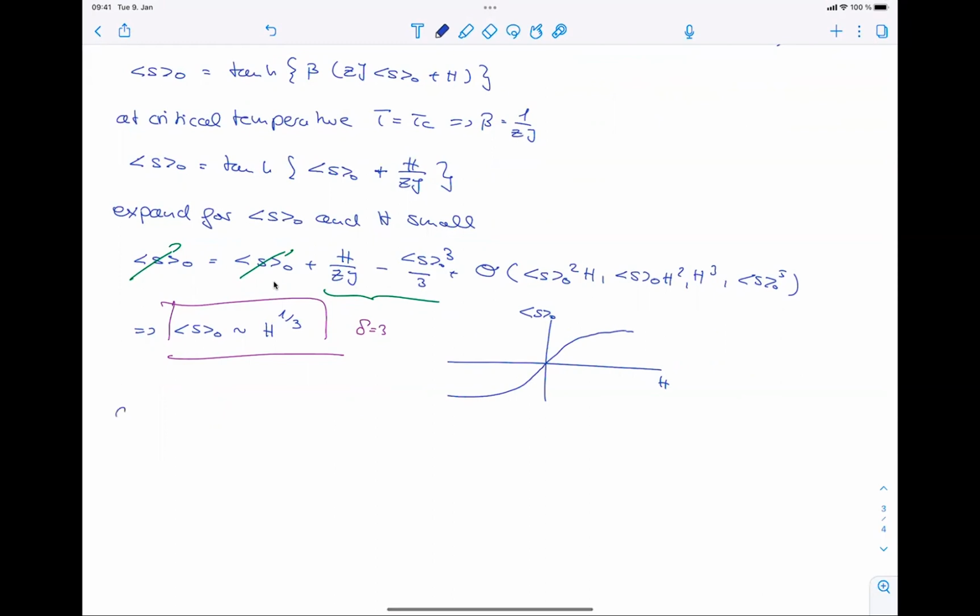And again, we can check that these higher order terms like S naught h would here then scale as h to the 5/3.